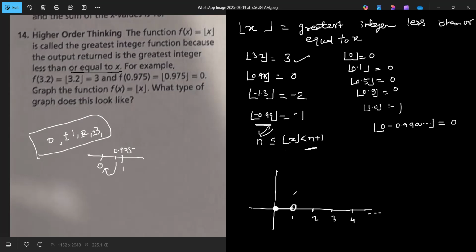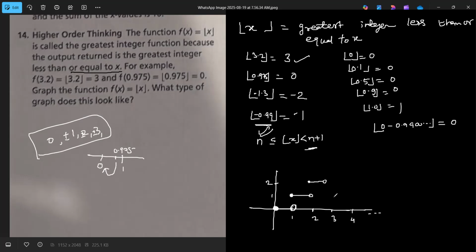From 1 to 2, always choose 1, right? You cannot choose the value 2, so there is a hole at 2. So from 2 to 3, your value will be 2.